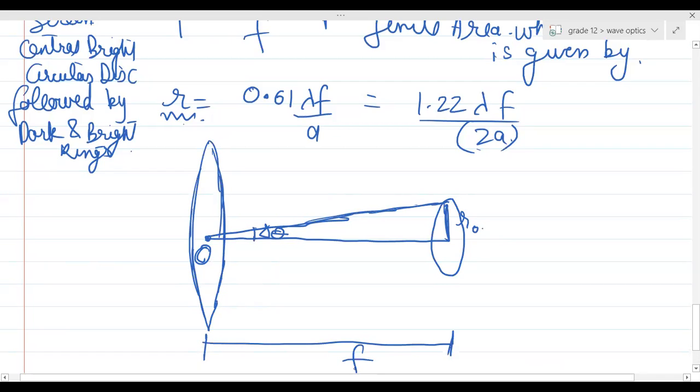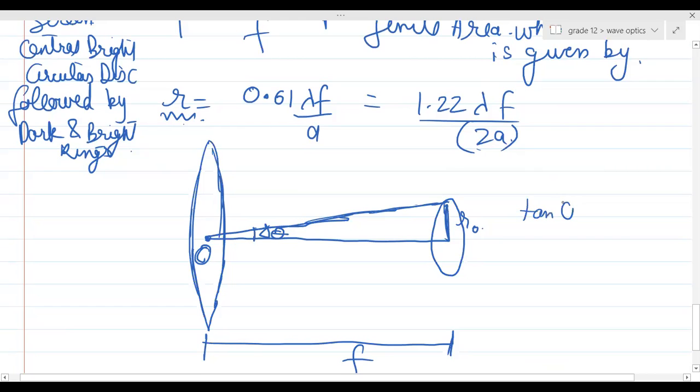We know this spot is very small, but it will play a very important role in determining something called the resolving power. So basically from here, can you see this particular thing, guys?